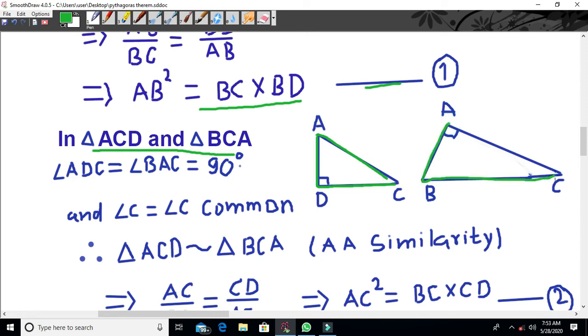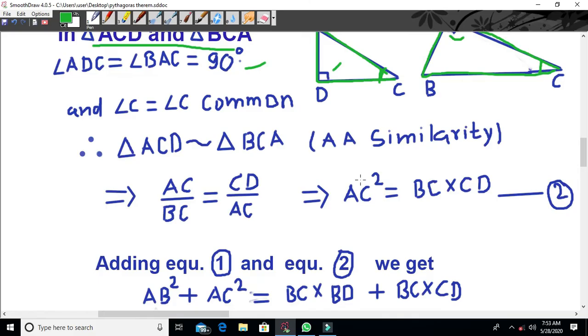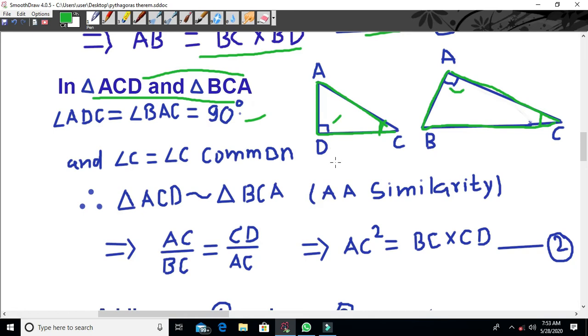Again we observe 90 degrees in both triangles, in D and here in A. So D and A are corresponding. ADC is 90 degrees and BAC is 90 degrees. And C is common in both the triangles, so angle C is equal to angle C. So we can say these two triangles are similar.